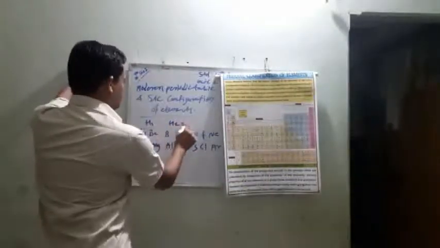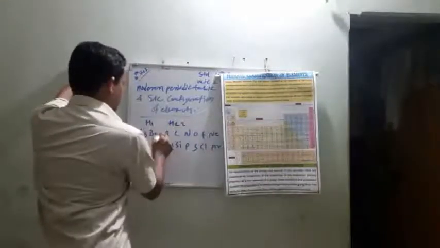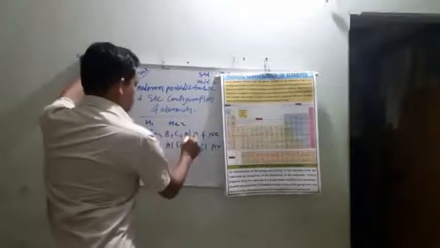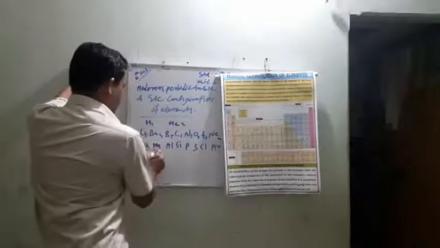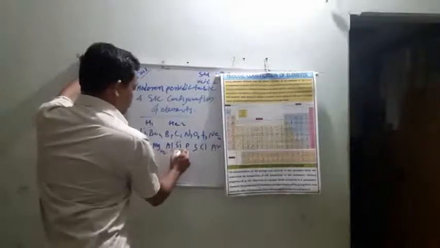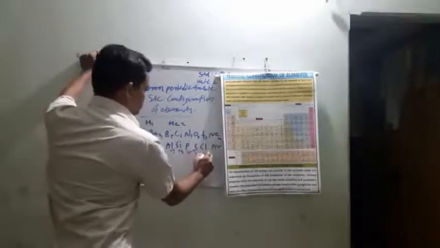Now the atomic numbers: 1, 2, 3, 4, 5, 6, 7, 8, 9, 10, 11, 12, 13, 14, 15, 16, 17 and 18.